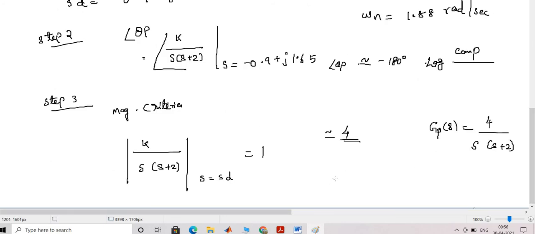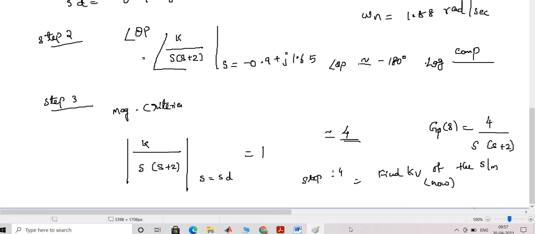So what is the next step? Step 4 is to find the velocity error constant. Find Kv of the system, that is for the open loop plant.